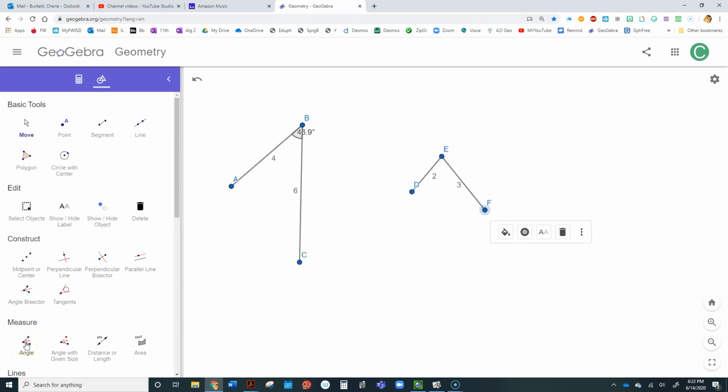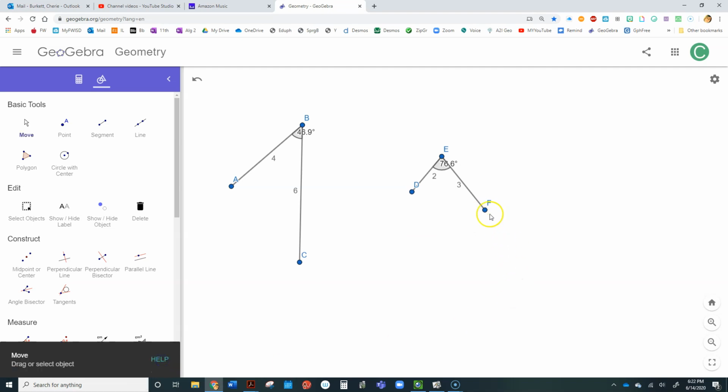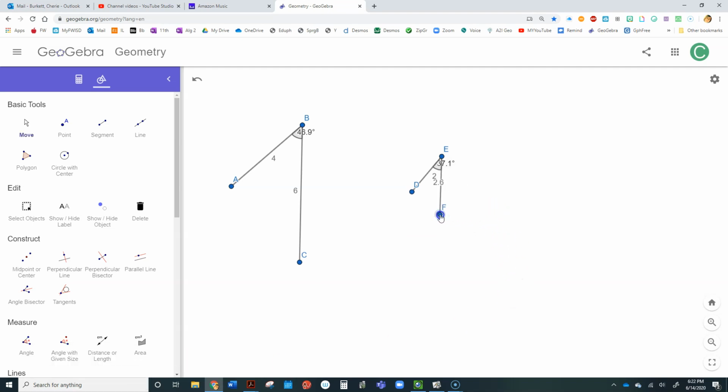So I'm going to get this, and it's 76. I'm going to swing it around to try to get it to 47.